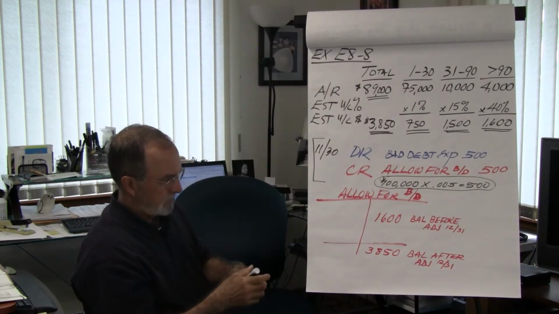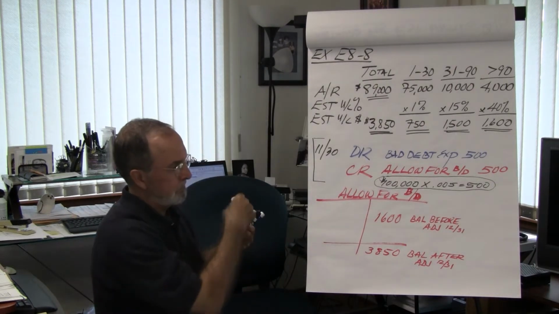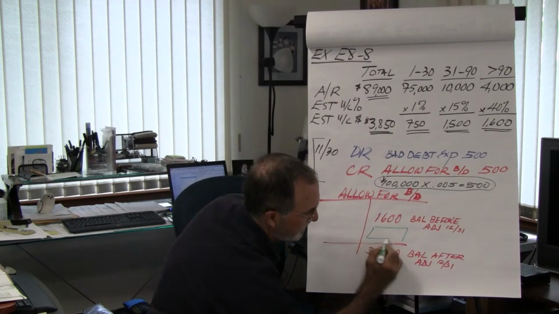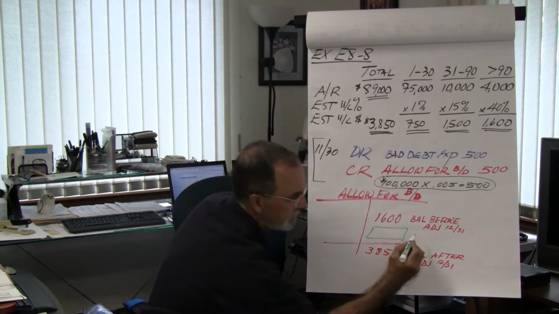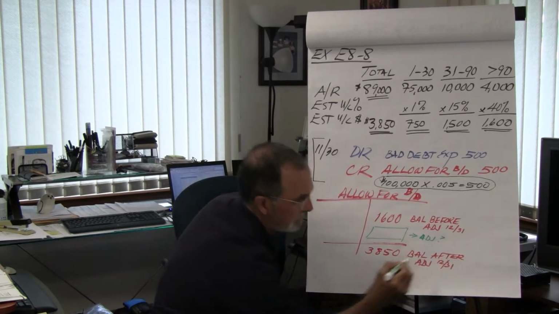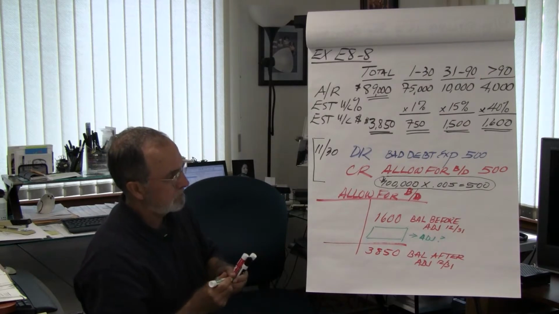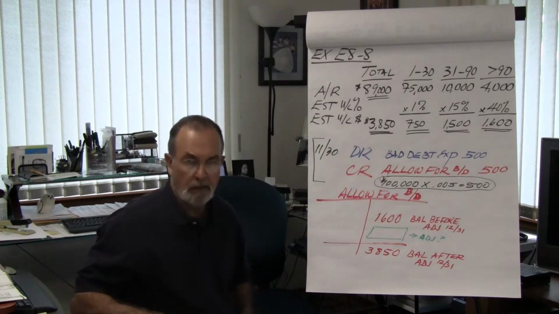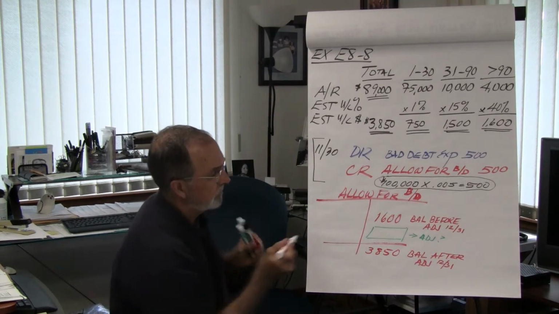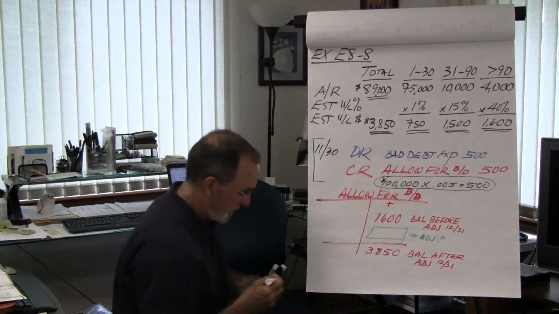And so the question becomes, how much of an adjustment do we need? And I think if you look at that for a second, our allowance account is a credit balance account.